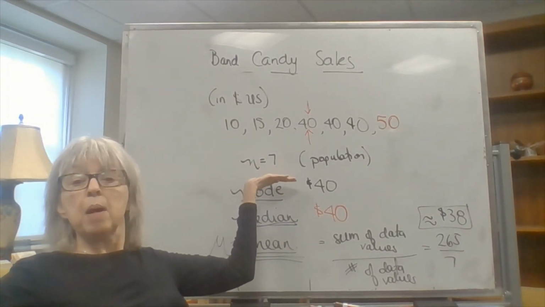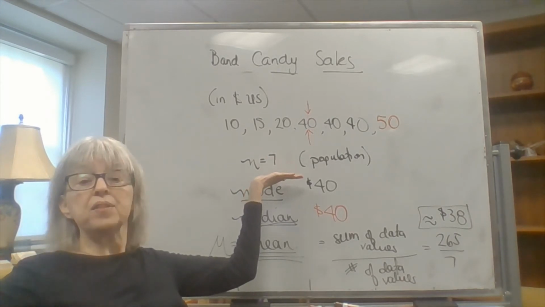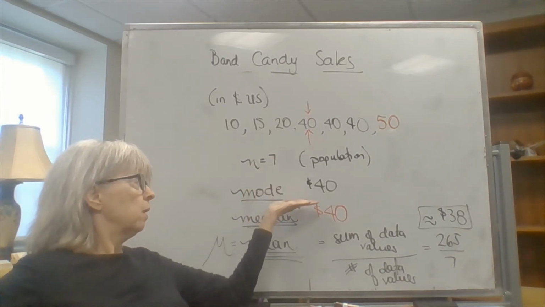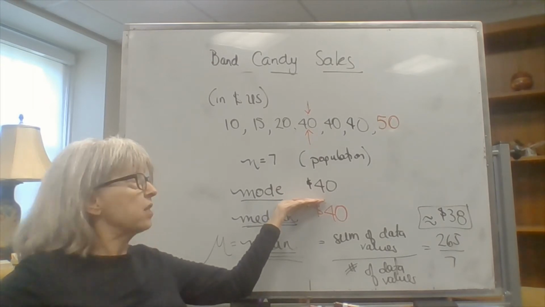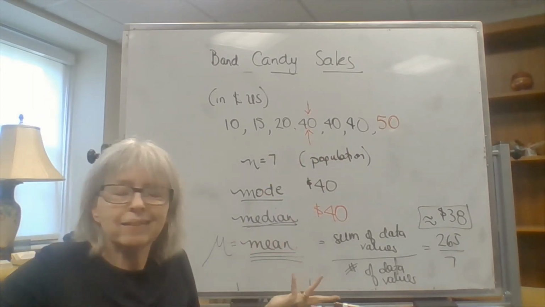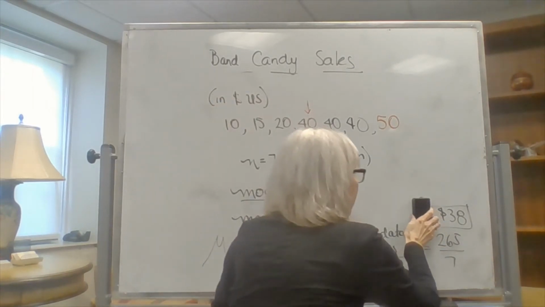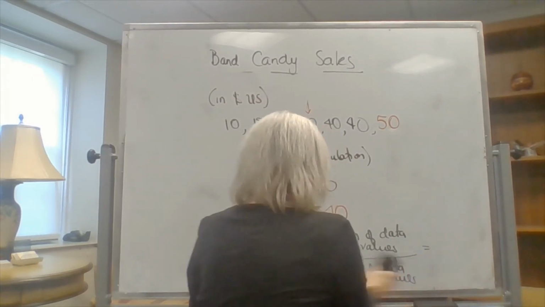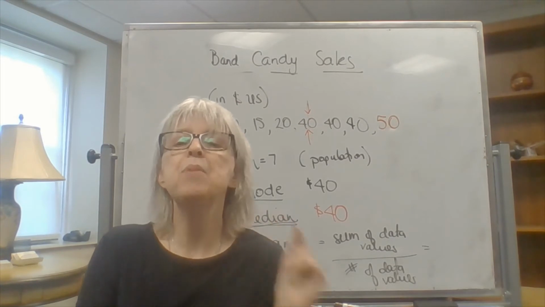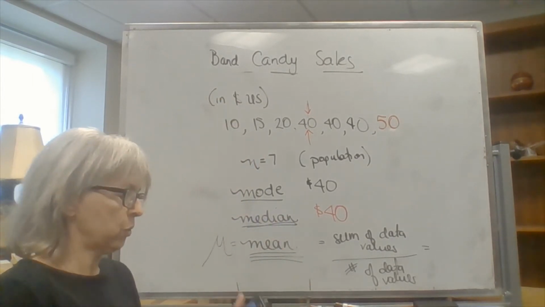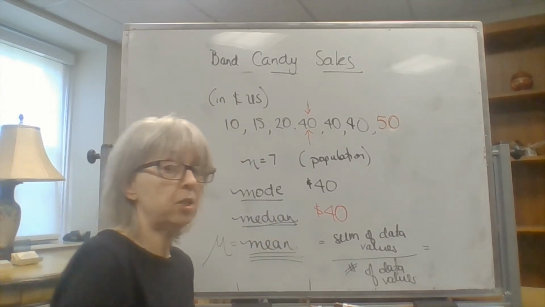Well, the size of my population hasn't changed. I still have 7 trumpet players. The mode hasn't changed because I didn't delete any of the 40s. The median did not change because I have the same number of data values, but my mean changed.